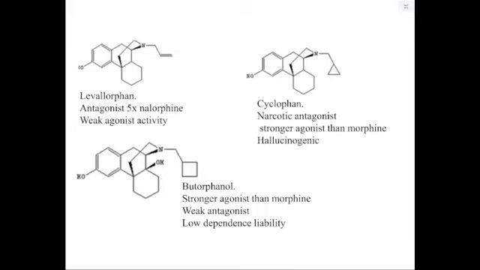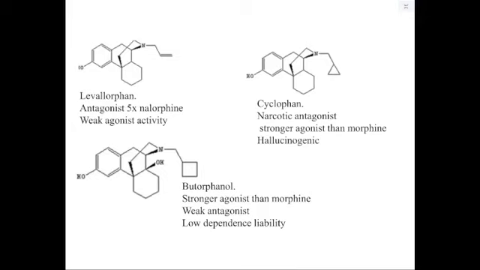And remember, the number of atoms here, as long as they are between 3 and 5, as you increase them from 3 to 4 to 5, you decrease the antagonist activity.